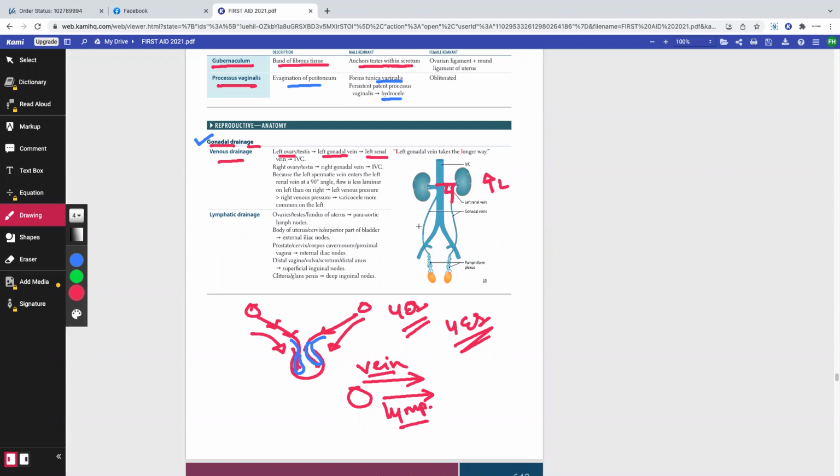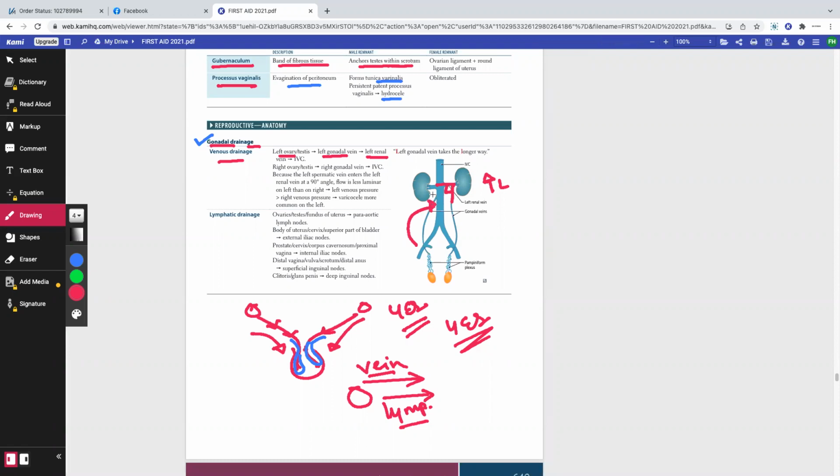Why do we get varicoceles on the left side more than the right side? One more time. The answer is, one, the left gonadal vein drains at a right angle, so this creates a high resistance. And number two, on the right side, the right gonadal vein will drain directly into the inferior vena cava.